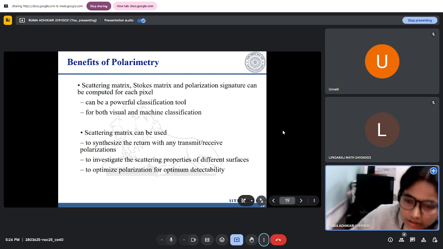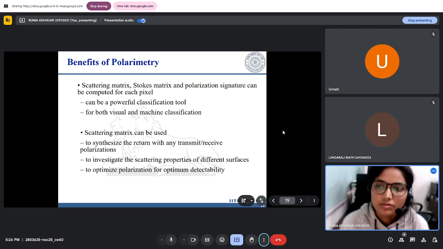So what is polarimetry? One thing to understand, there are so many things we will study, but it is nothing but a filter. With polarization, we are capturing the polarization of certain features. We are transmitting a certain oriented signal, it hits the target and changes its characteristics.